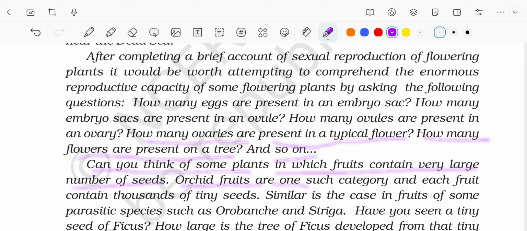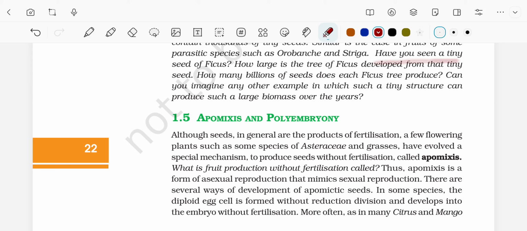Orchid fruits are one such category, and each fruit contains thousands of tiny seeds. Similar is the case in fruits of some parasitic species such as Orobanche and Striga. Have you seen a tiny seed of Ficus?